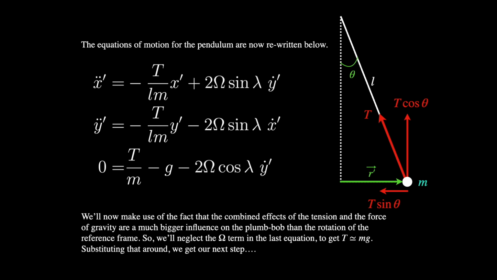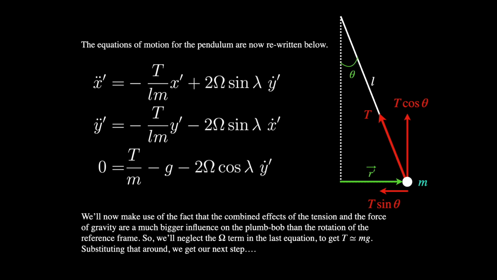So let's actually get even closer to this thing. Notice in the third equation we have the tension and gravity, and then we've got a small part which is the rotation and the latitude with the velocity in the rotating reference frame of y. So we're going to make one more assumption.